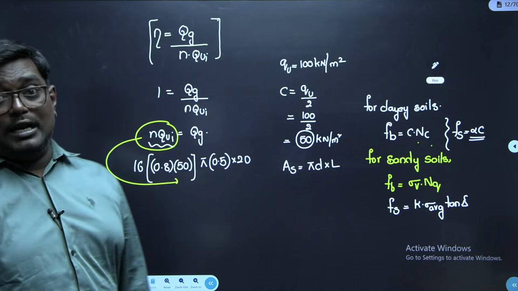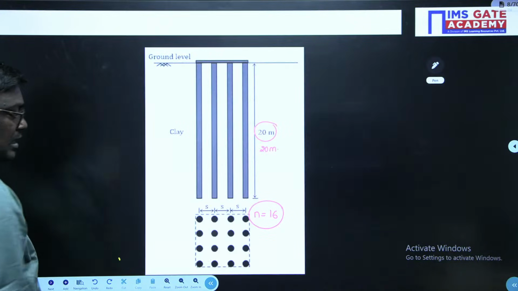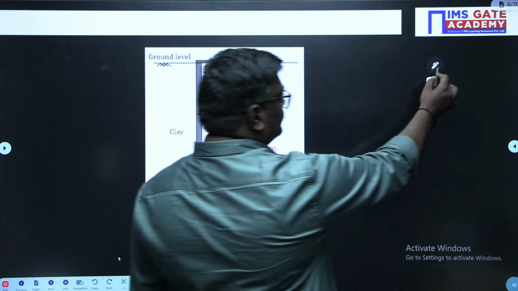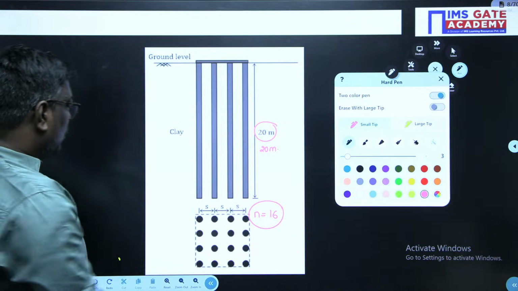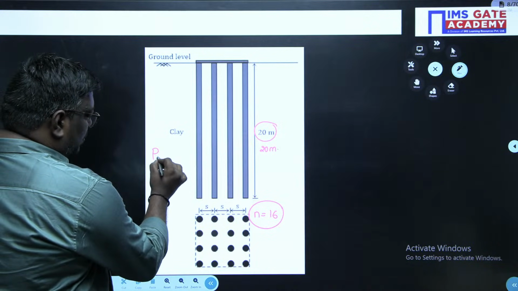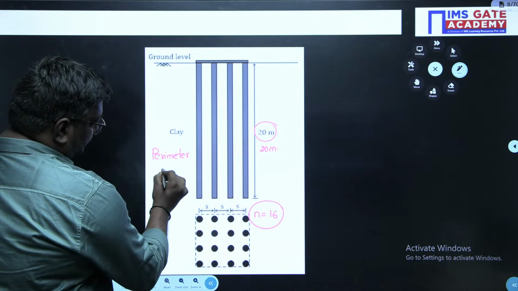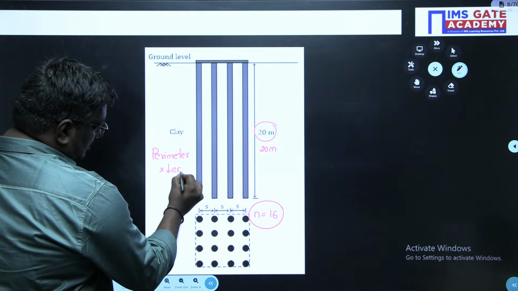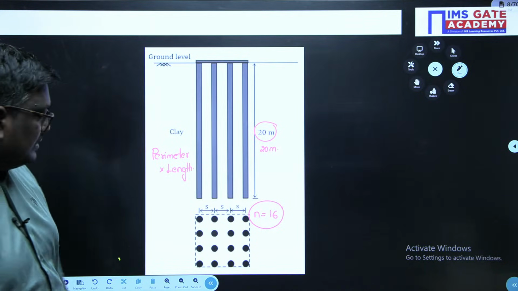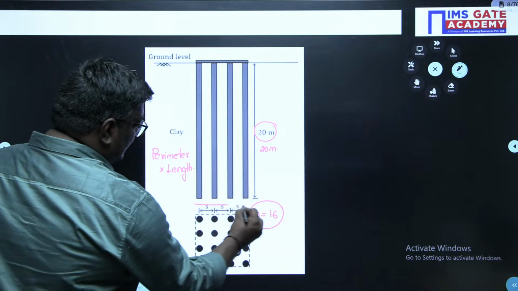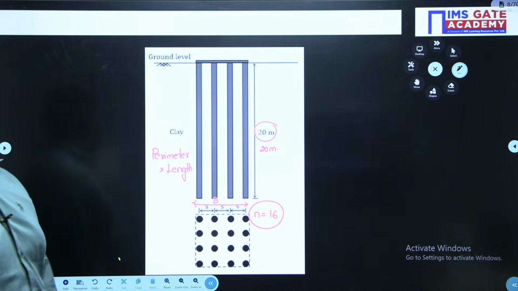Now we have to calculate the group. When I talk about the group here, it is a square group, my dear students. So for a square group, perimeter into length. Sir, see here. If I assume this as some B, it is a square group pattern.